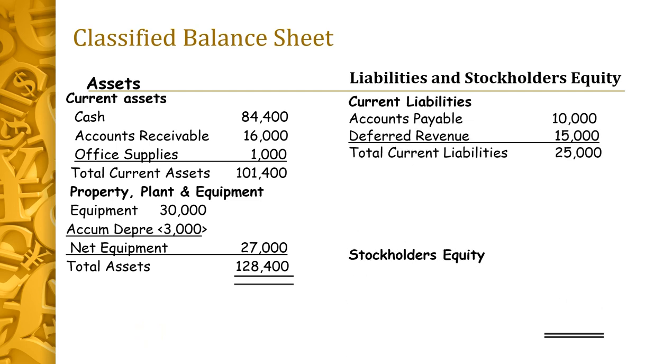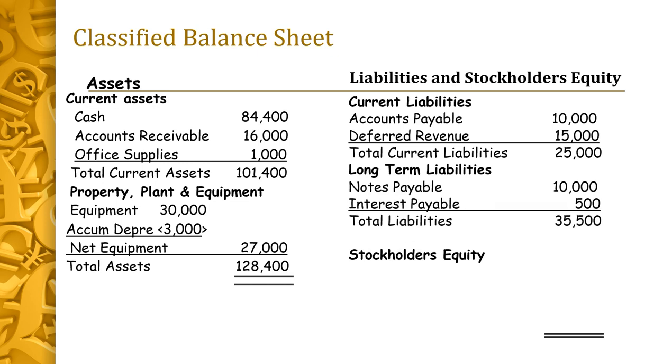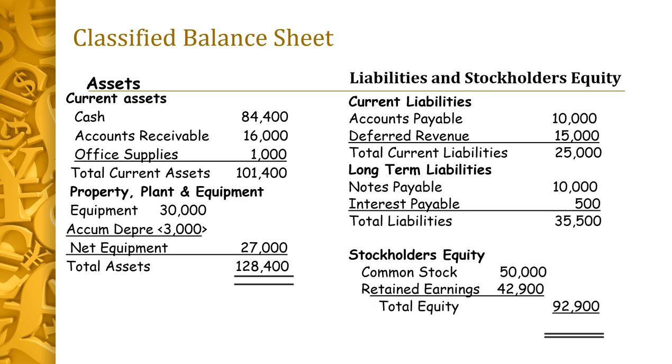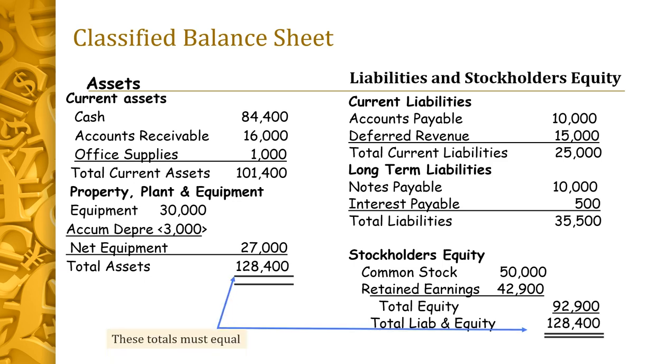We then list our current liabilities, then our long-term, and then we show our stockholders' equity, and we are the same. We balance, which means we're good. Again, these two must equal, because assets must equal liabilities plus equity.